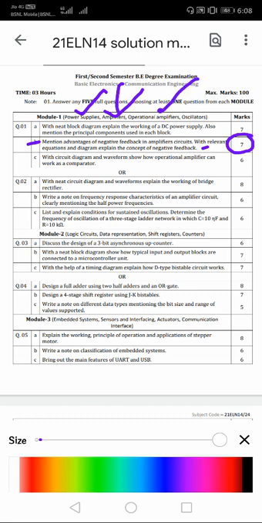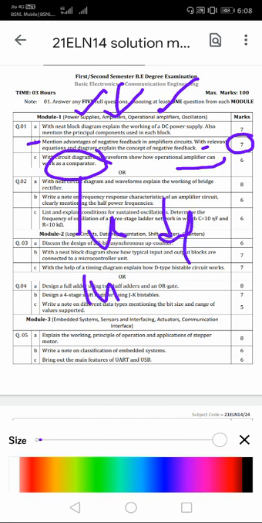Next, look at the next one, op-amp, that is operational amplifier. Here we have n number of questions in operational amplifier. Look at what they have asked: with the circuit diagram and waveform, show how an operational amplifier acts as a comparator. I am not saying this question is compulsory, because they can ask op-amp as a voltage follower, integrator, differential amplifier, subtractor, inverting amplifier, non-inverting amplifier, summing adder, inverting adder, non-inverting adder.